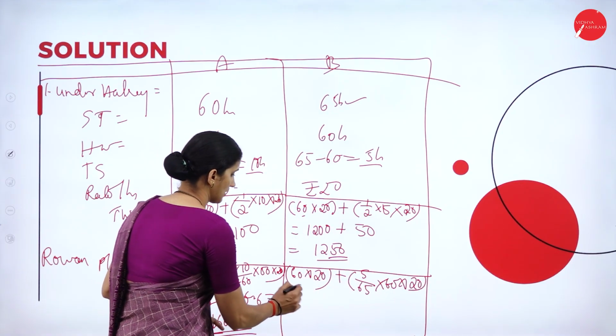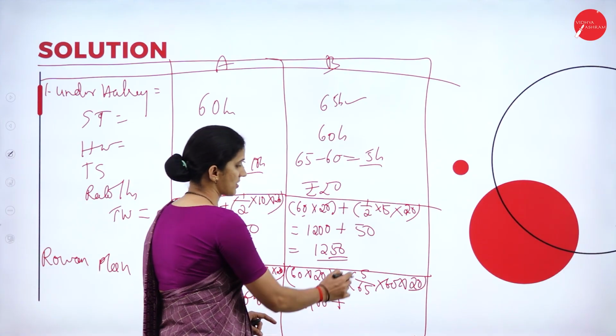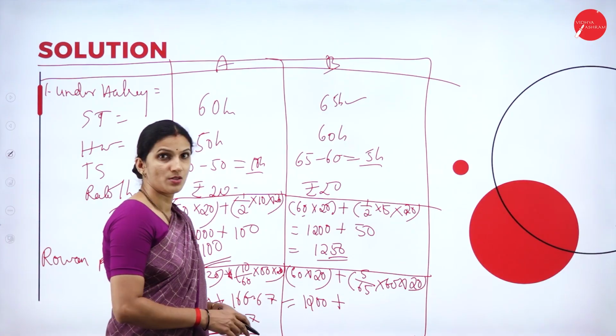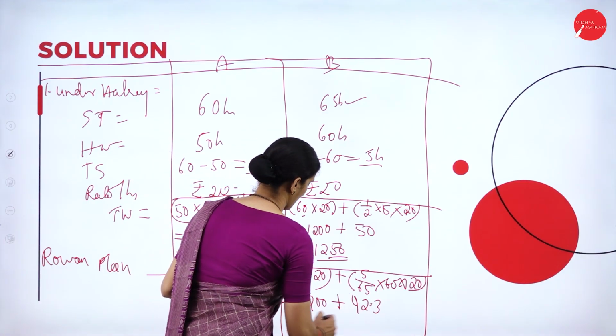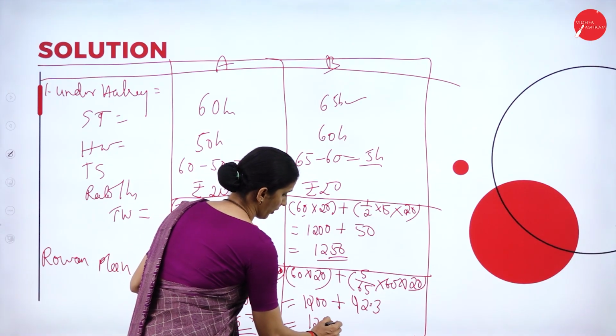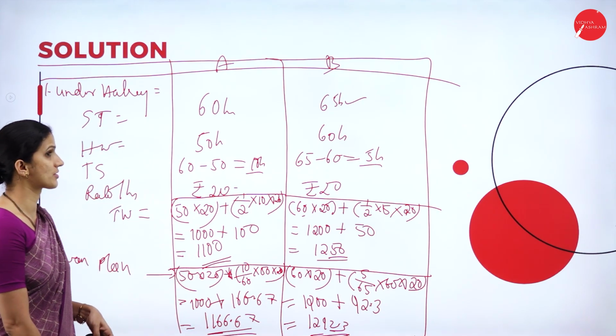So that means 60 into 20 is 1200, plus bonus, 5 into 60 into 20 by 65, that is 92.3. So your total wage is 1292.3. This is the total wage calculation under Rowan's plan.